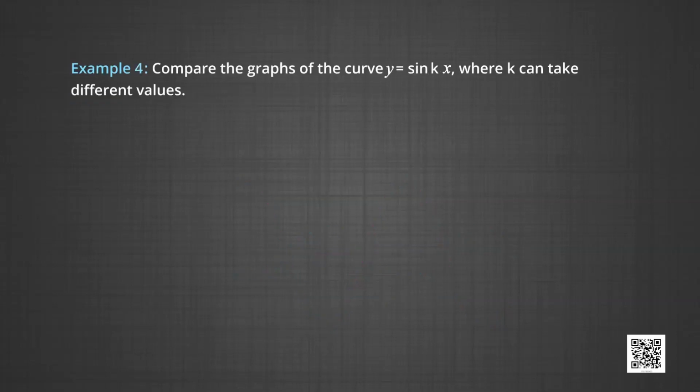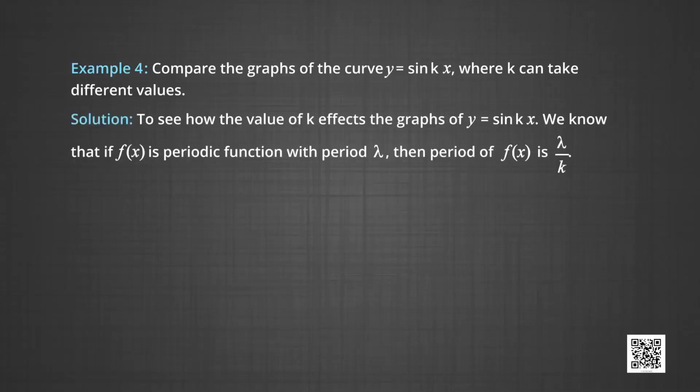In example 4, we will compare the graphs of the curve y = sin kx, where k can take different values, to see how the value of k affects the graph of y = sin kx. We know that if f(x) is a periodic function with period lambda, then the period of f(kx) is lambda by k.